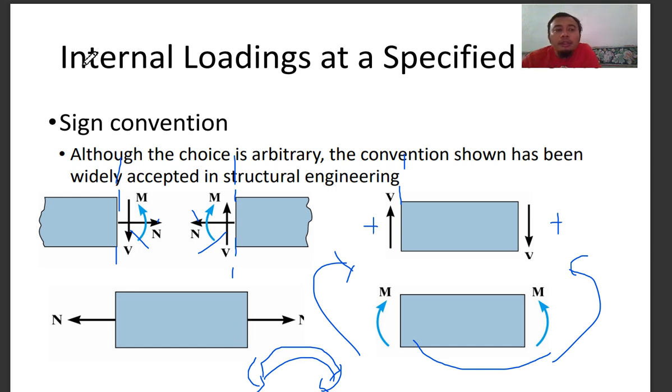So this will be considered as negative. So sign convention is important because it affects your resulting moments and resulting forces.